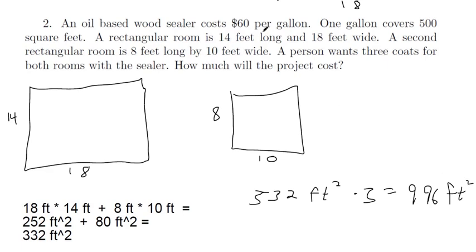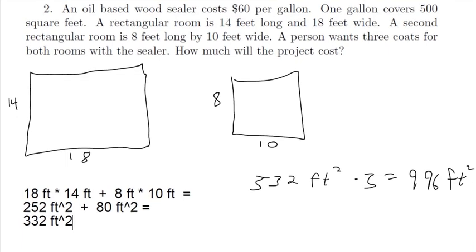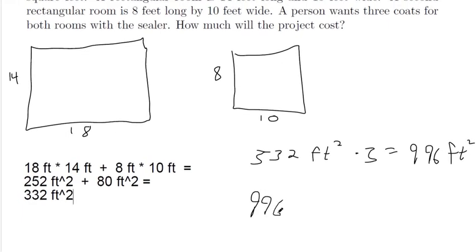And then it says $60 a gallon. 1 gallon covers 500, so that's our conversion factor. So we got 996 square feet, and I'm going to multiply this by 1 gallon per 500 square feet. That way the square feet units cross cancel.